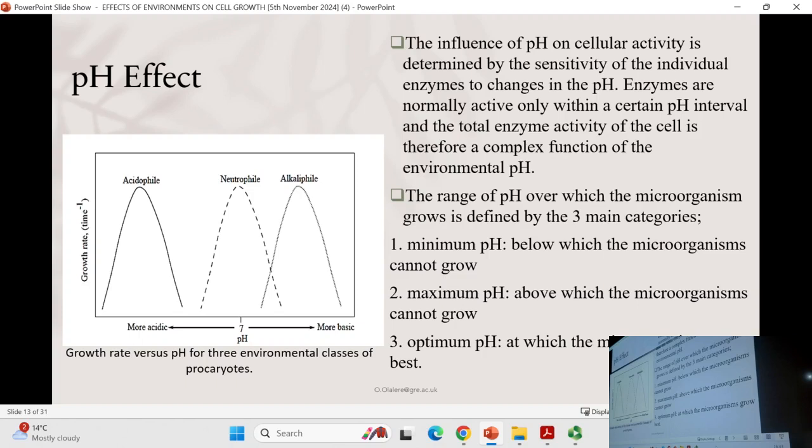Any microorganisms or enzymes that can withstand a pH below 7, we call acidophile. But any microorganism or enzymes that can withstand a more basic environment, we call alkalophile. Then any microorganism or enzymes that can withstand a neutral pH, just like water, are called what? Neutrophile.